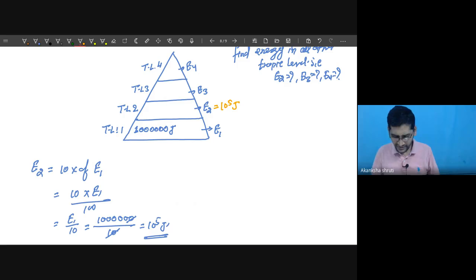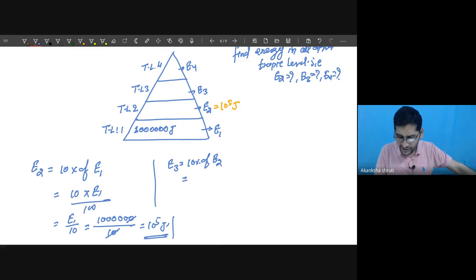What will be for E3? Yes, student, can you tell me? For E3, we have to use 10% of E2. Substituting, you will get E2 by 10. So it becomes 10 to the power 5 by 10, so it is 10 to the power 4. Therefore, E3 will be 10 to the power 4.